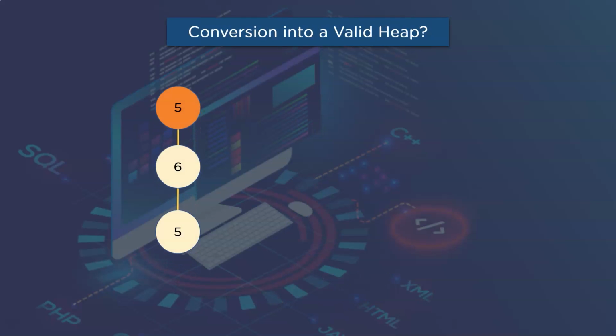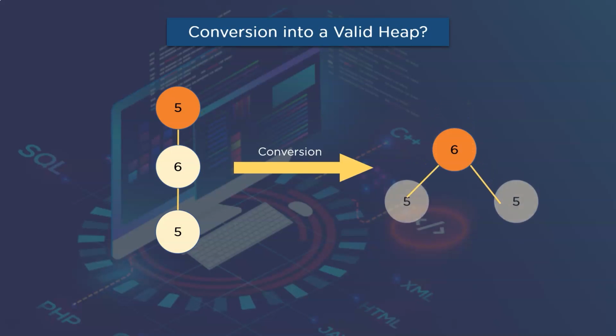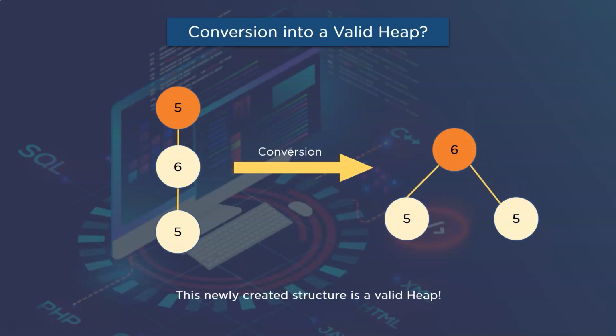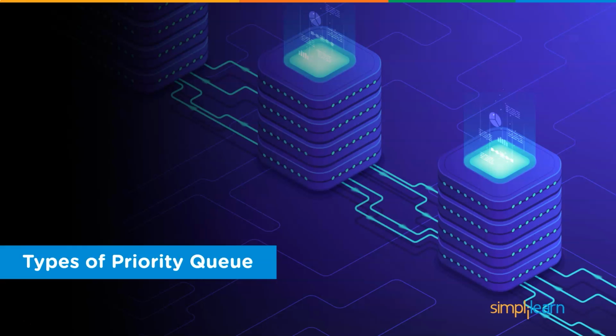Now, if we make 6 our root node, then this structure will get converted into a max heap, which is absolutely a valid heap. I hope you all are clear with the heap invariant and how to judge if a given tree is a valid heap or not. Now moving ahead, we'll discuss the different types of priority queue.